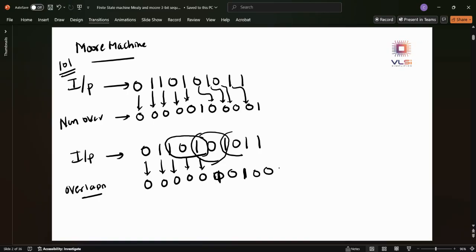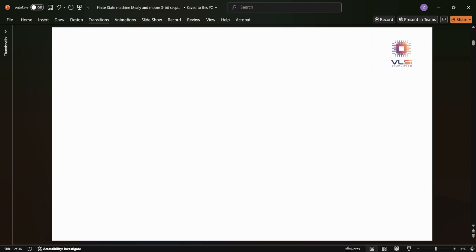So I'm going to design this 101 sequence detector using Mealy machine. First overlapping, next non-overlapping, and also Moore machine, overlapping and non-overlapping.